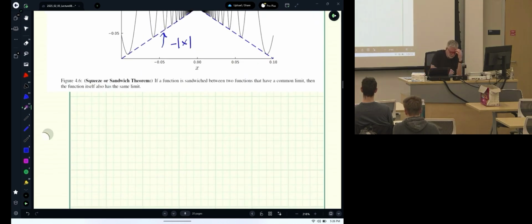The problem is in practice, it's hard to find the bounding functions as always, okay? But we'll still find a very nice use for it later on.